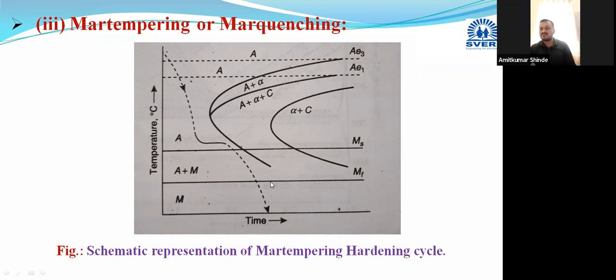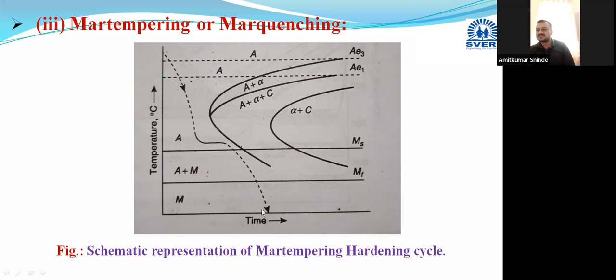We will get the martensite only, meaning the required hardness is obtained, and the chances of formation of cracks or development of internal stresses are reduced, because here we are keeping the sample at some lower temperature zone for some 1 or 2 hours.